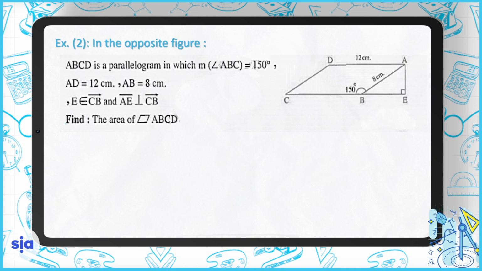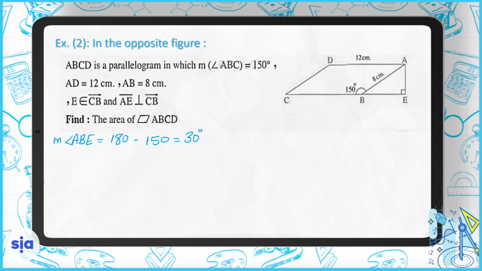Since angle ABC is 150 degrees, then the measure of angle ABE is 180 minus 150, which is 30 degrees.